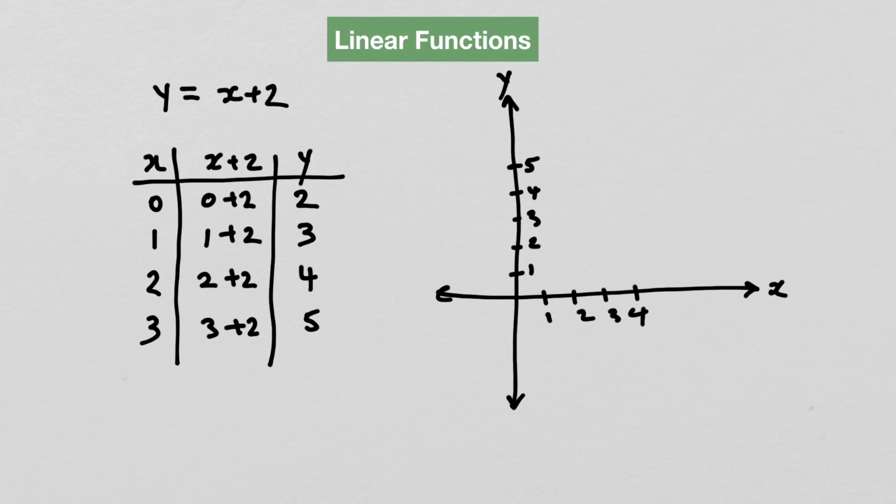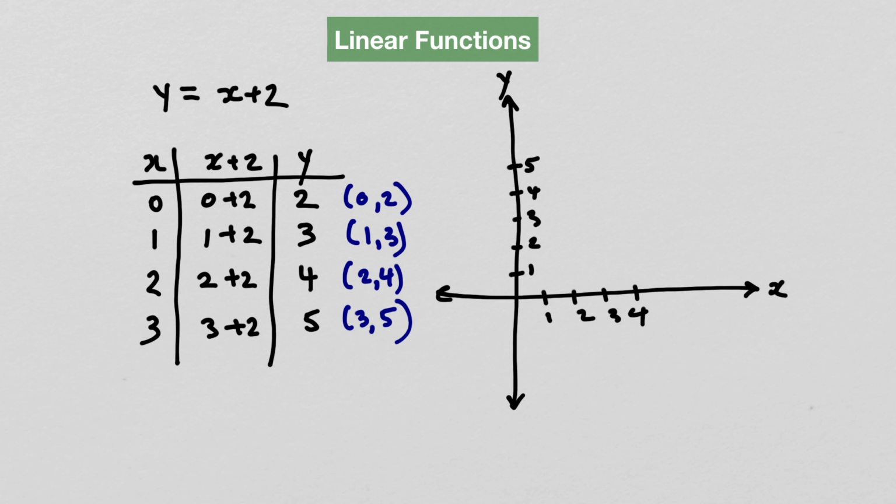So if we plot the points, the first one is 0, 2, because we got 0 for x, 2 for y. The next coordinates are 1, 3, 2, 4, and 3, 5. This is where we plug the x into the equation to get your y value.